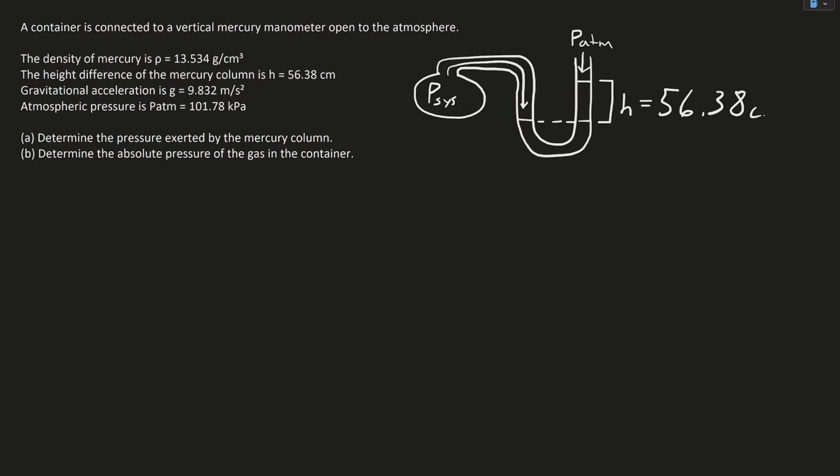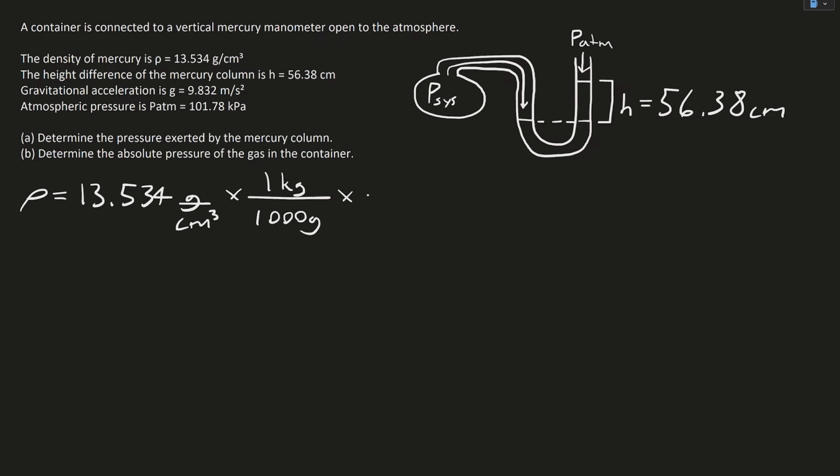56.38 centimeters. The first thing I'm going to do in this problem is make sure that all the units are consistent. Our density was given to us as 13.534 grams per centimeter cubed. And we need to convert this into kilograms per meter cubed. So we'll multiply by 1 kilogram is equal to 1,000 grams.